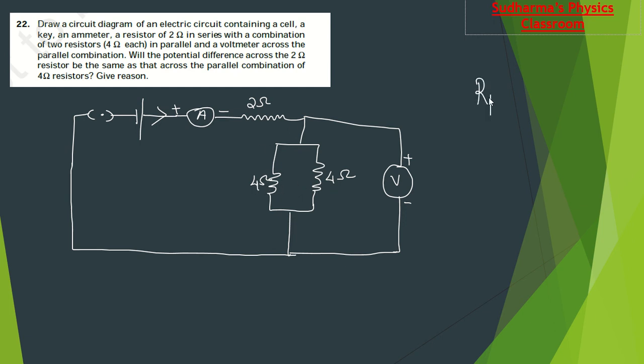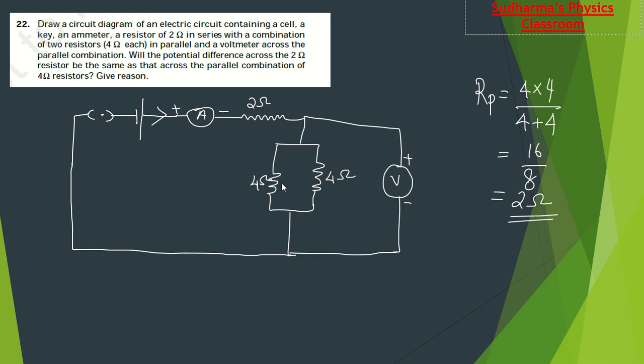Rp is equal to 4 into 4 divided by 4 plus 4, or we can use the shortcut formula R by N. So this is 16 divided by 8, that's going to be 2 ohm. So the effective resistance of this parallel combination is 2 ohm. Here we have another 2 ohm, which means they are equal resistors.